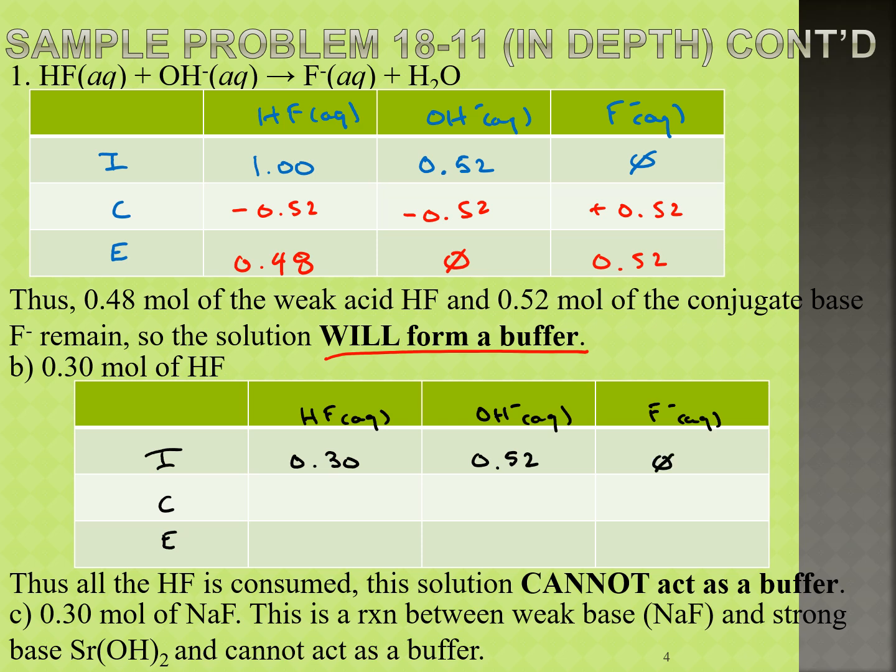Well, now the limiting reactant, the smaller of those two values, is 0.3. So they both have to go down by 0.3, and the F- is going to go up by that amount. So we're going to be left with none of the HF. We're still going to have 0.22 moles of hydroxide, and we're going to have 0.3 moles of fluoride.